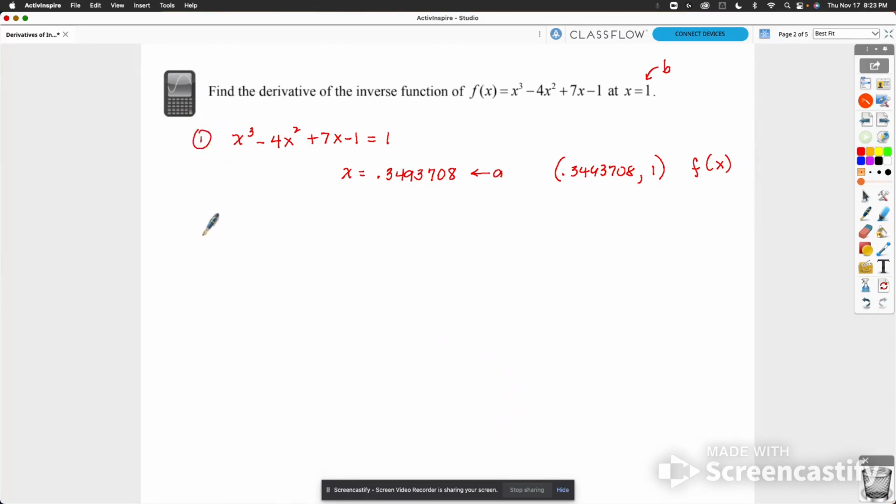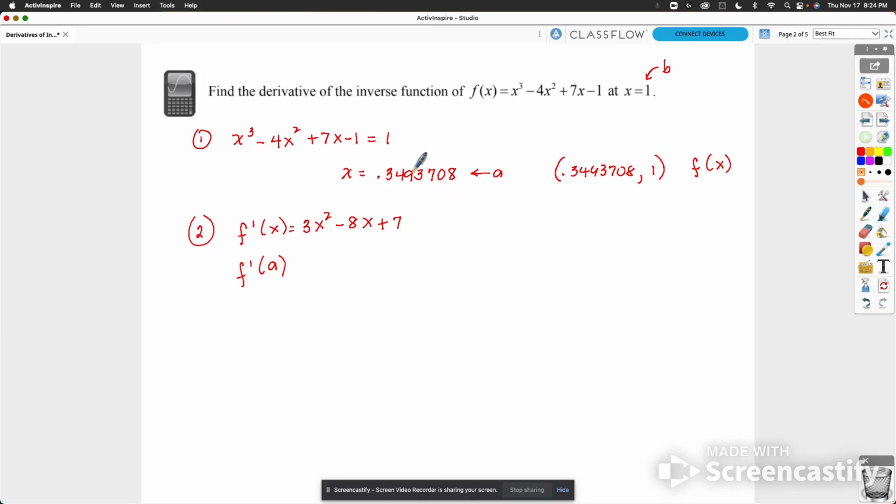Now, the second step is to find the derivative. So we find the derivative of your f of x. f prime of x is equal to 3x squared minus 8x plus 7. Now remember, we want to evaluate this at a.